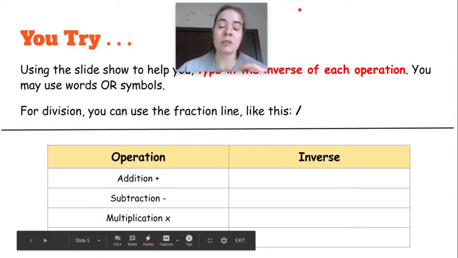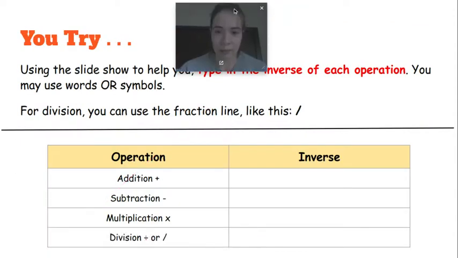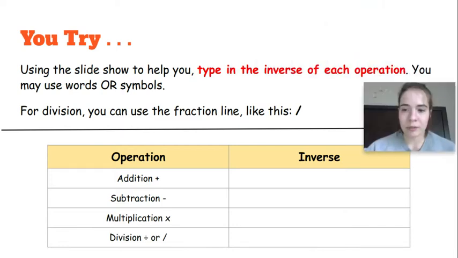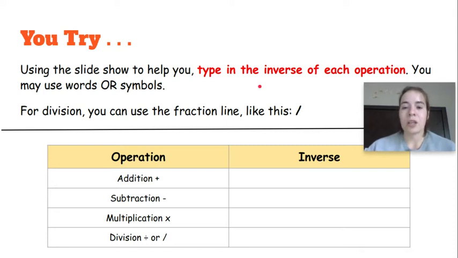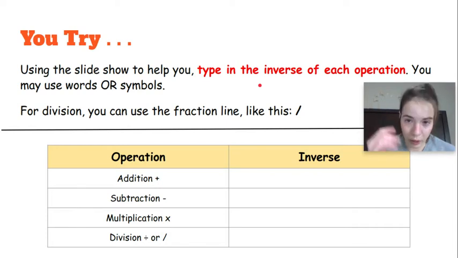All right, this is where I want you to try, okay? Using the slideshow to help you, you can go back and look at the picture, whatever you need, but I don't think you'll need to. And if you do, it's okay. You need to type in the inverse of each operation, okay? You can use words or you can use symbols.